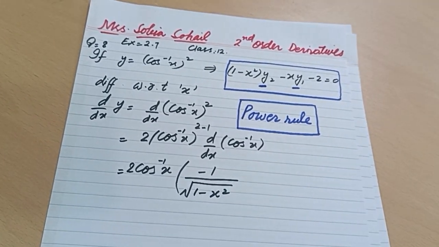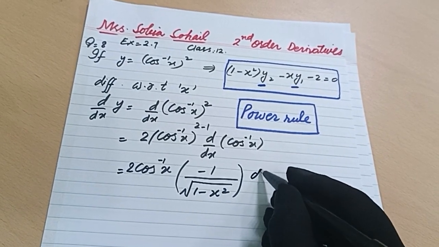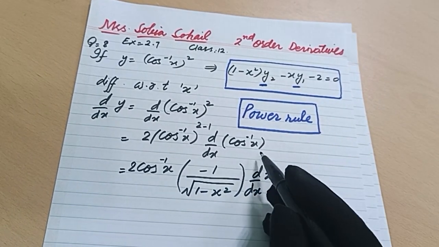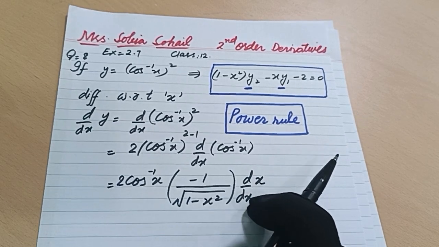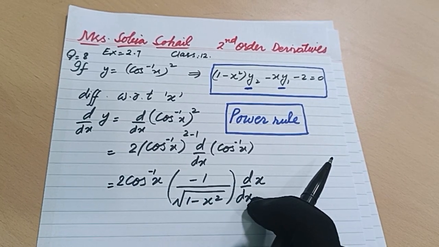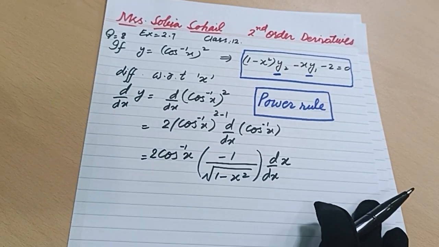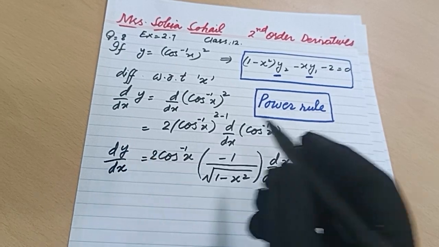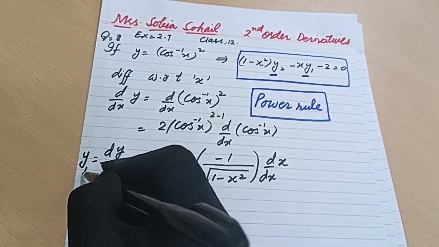And the derivative of the angle, if the angle is only x and we are doing the differentiation with respect to x, then mostly we skip this part, because its derivative will become 1. But if you want to write, you can write this portion also. This is dy by dx. As we want it in the form of y1, we can write dy by dx as y1 also.